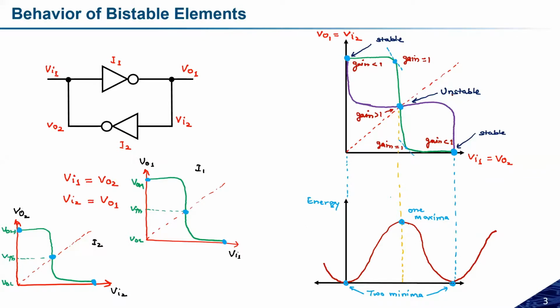If all the transistors are in the saturation region, the output voltage of both the circuits will be close to the threshold voltage of the circuit. Let me repeat what I'm saying.